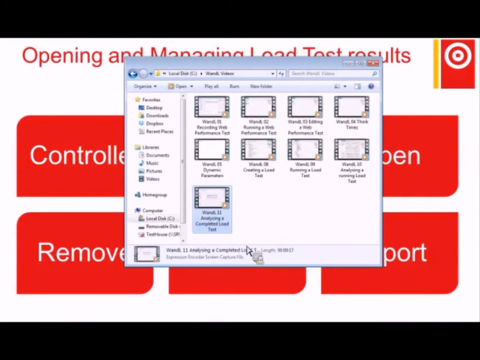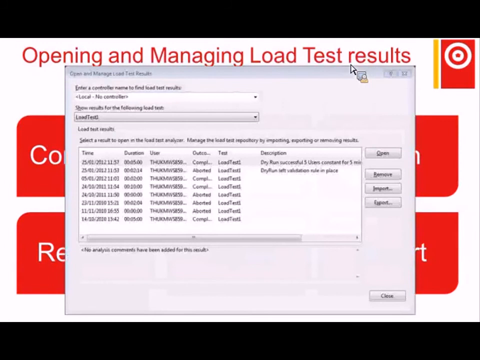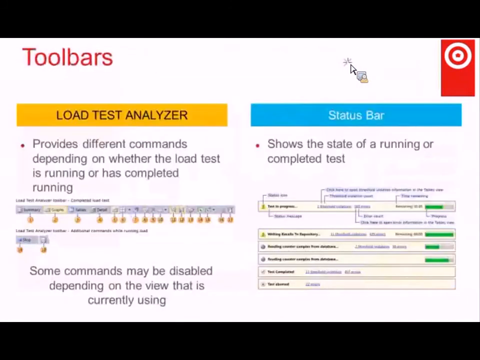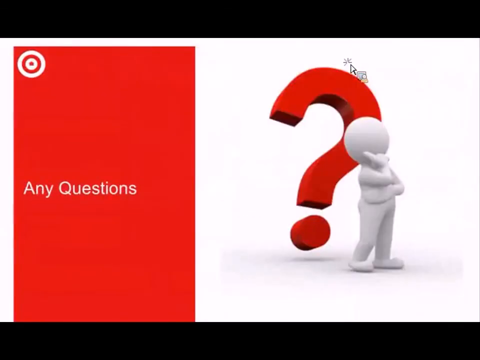Previously, in 2010, you could do web performance tests in Premium, but you couldn't do load testing. Load testing you needed to have Ultimate for. Now you can do load testing with Premium as well.